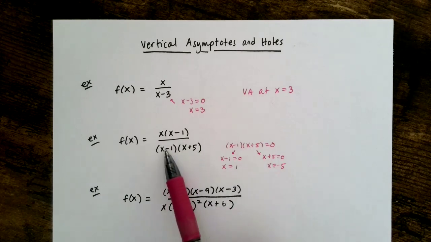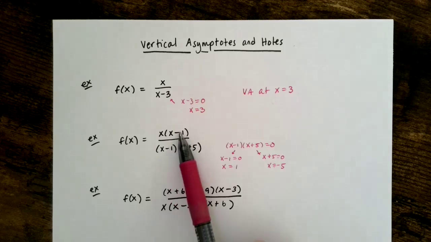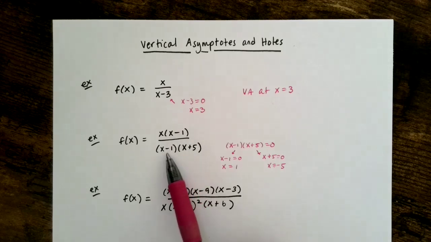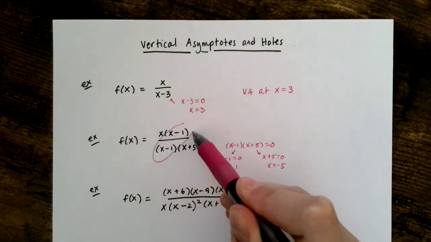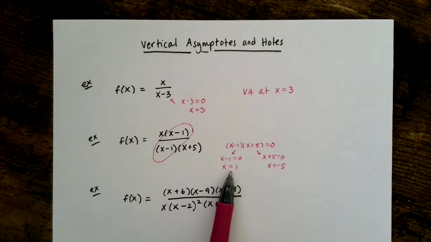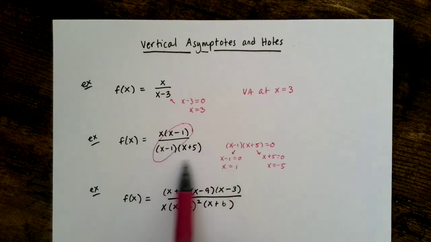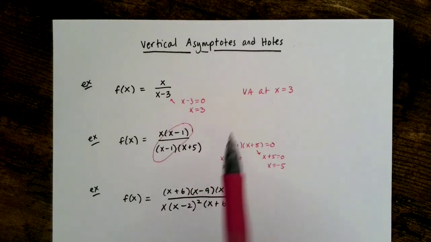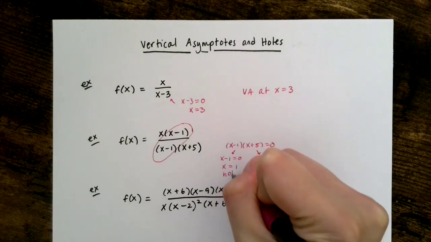And the key is seeing that it is the x minus 1s that are in the top and the bottom of this rational. So because these essentially cancel each other out in the formula, x equals 1 is not creating a true vertical asymptote. It's not making the denominator shrink to 0 and making the asymptote happen. Really, this is just a hole in the graph.